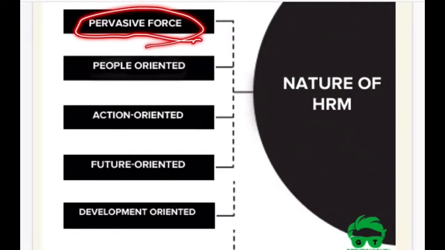Wherever people are there in an organization, there the role of HR is inevitable. We need to pay attention to an employee, we need to give salary to them, we need to develop them, we need to satisfy them. So it is a pervasive force. It is inside. It is an inherent part.